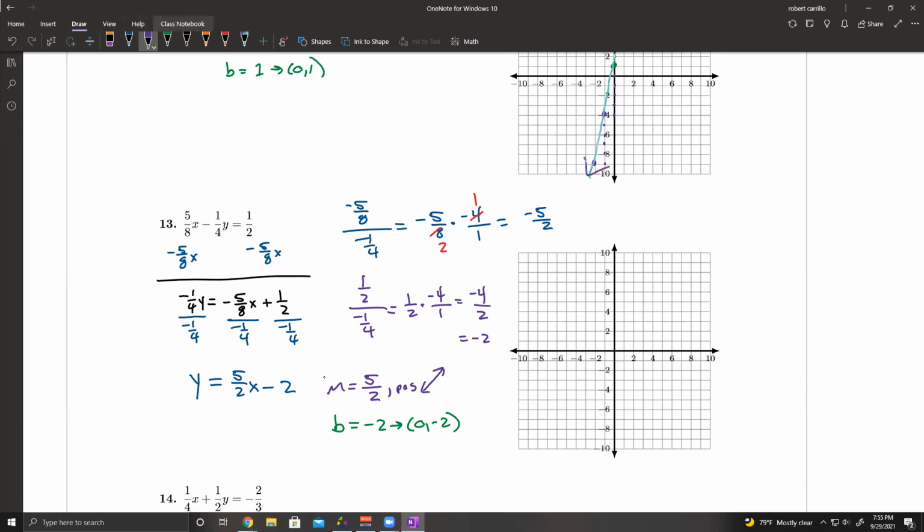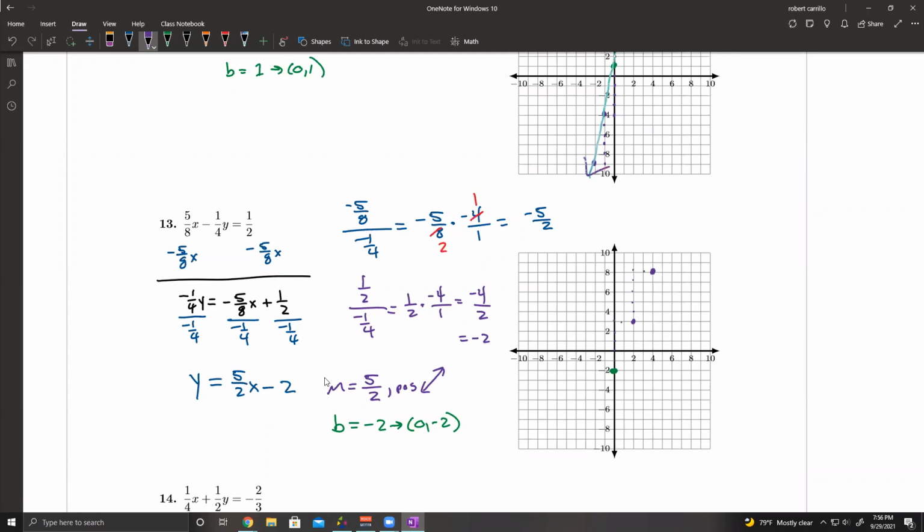Okay. So start at that y-intercept of -2. And we're going to go up 5. 1, 2, 3, 4, 5. And to the right, 2. Do it again. 1, 2, 3, 4, 5. And to the right, 2.